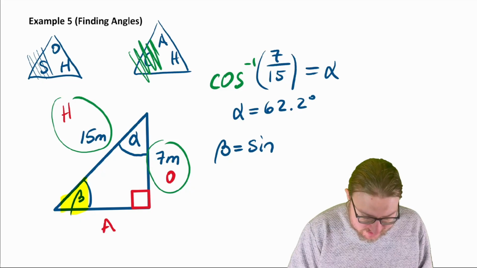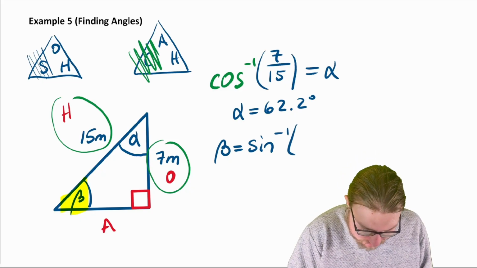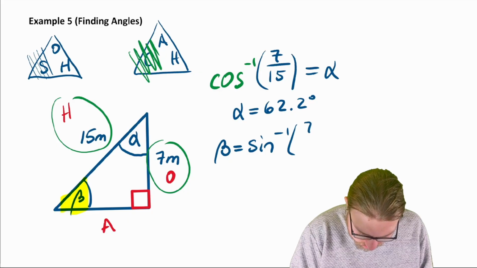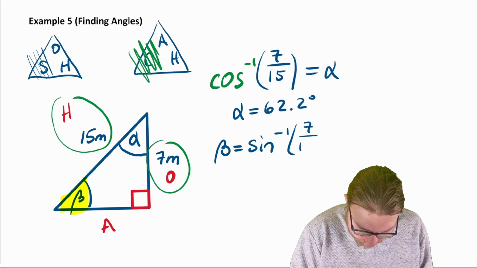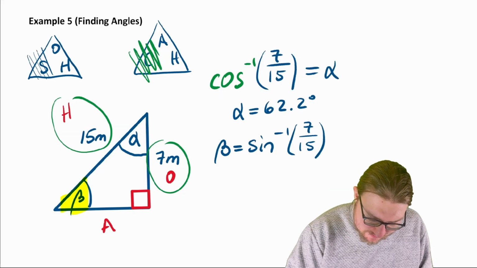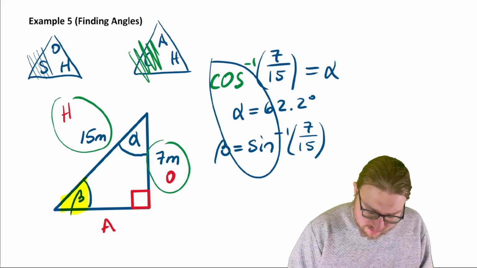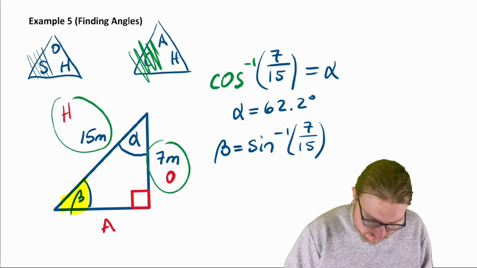So we still have sine because that was part of our triangle. Inverse, and then we follow O divided by H. So O would be 7 divided by 15. Note that these numbers here are the same, but it is using a different function because we're looking at a different angle.